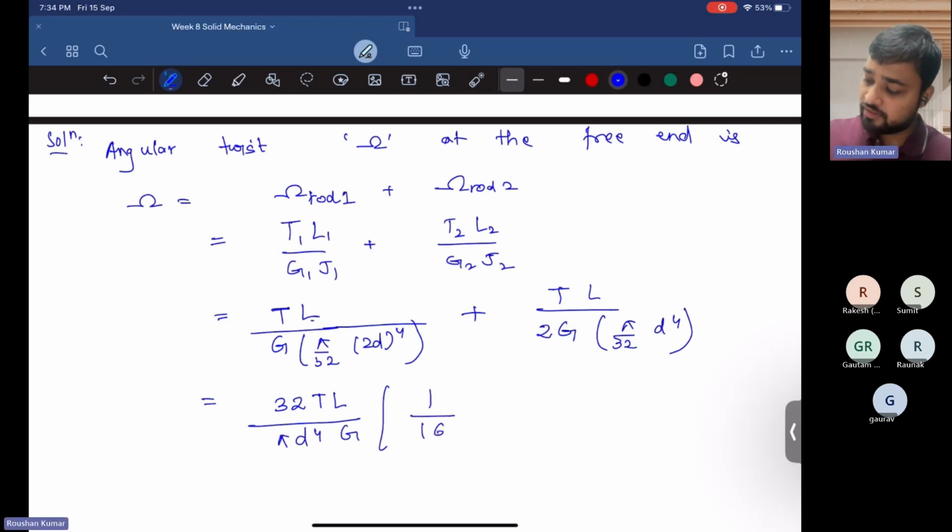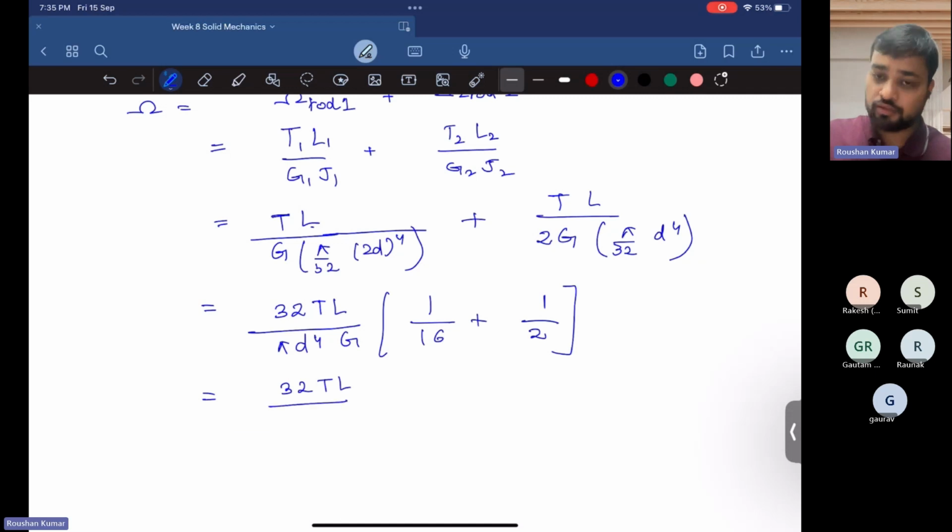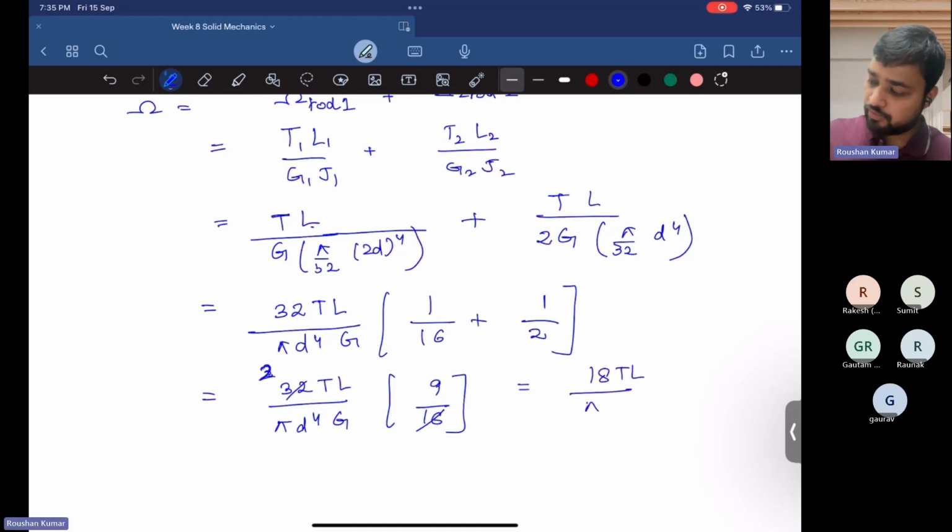What is left is 1 by 16 plus 1 by 2, which is 9 by 16, so this finally gives us 18 TL upon pi d to the power 4 into G. So the final rotation is 18 TL upon pi G d to the power 4.